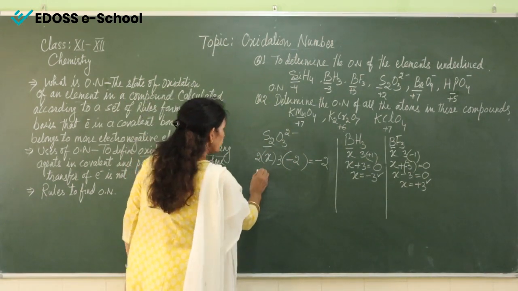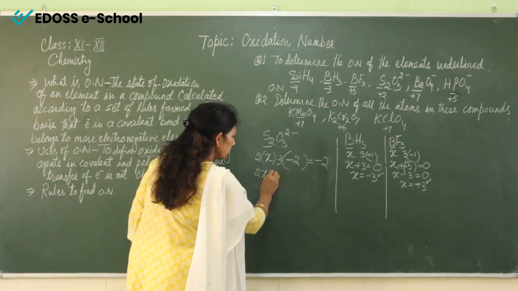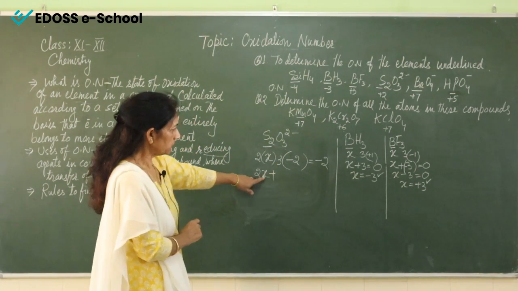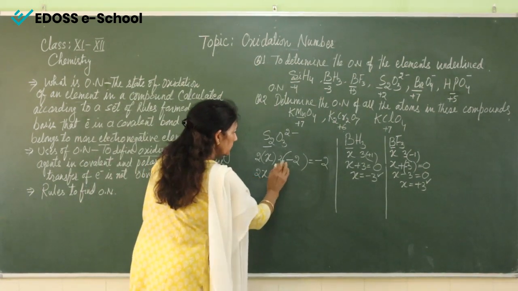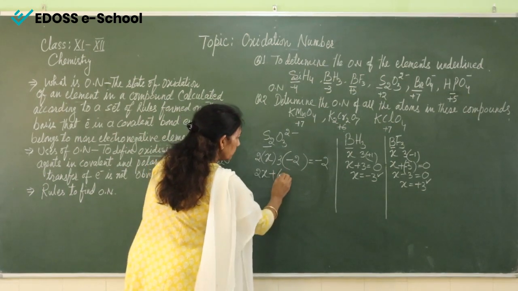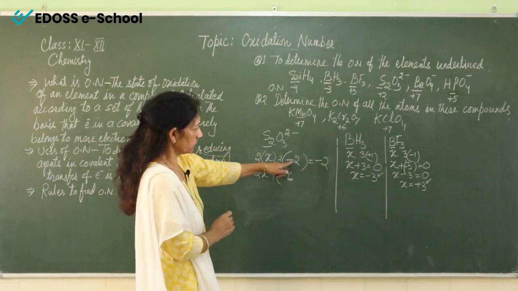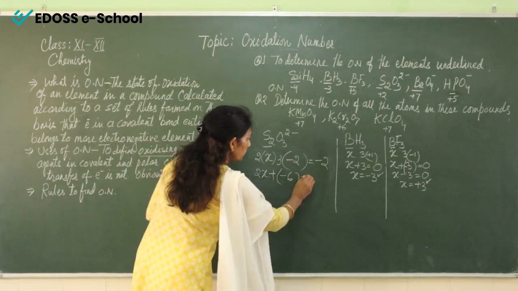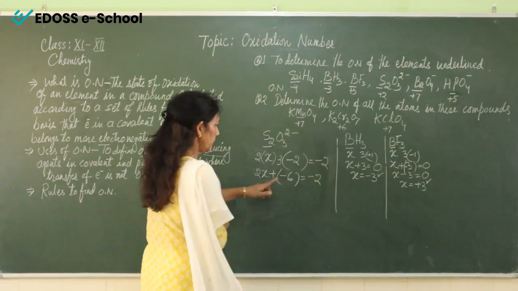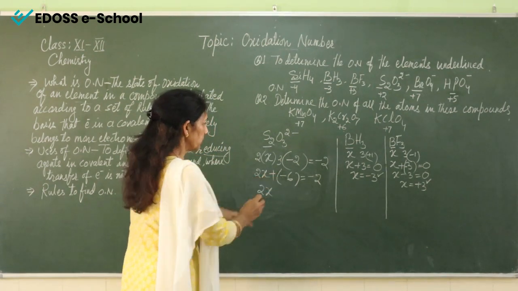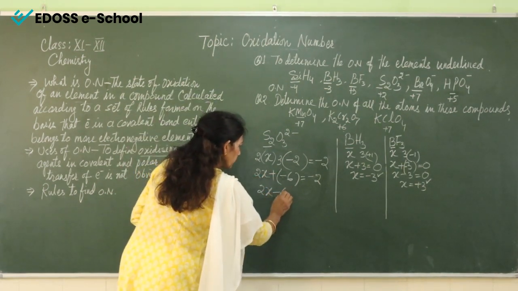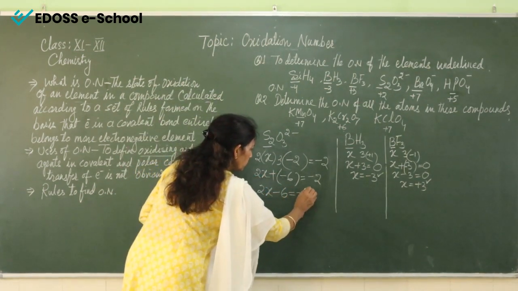Okay, now we can write 2x, now plus, okay, we can write 3 times minus 2, that is minus 6, and this will be equal to minus 2. So this is 2x, plus minus becomes minus, so this will be minus 6, this is equal to minus 2.